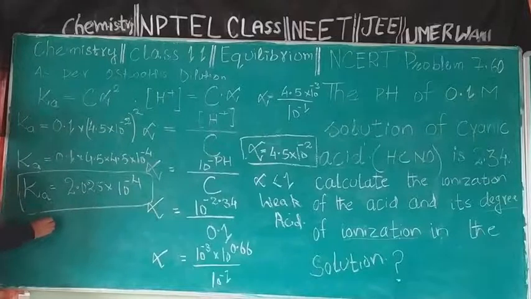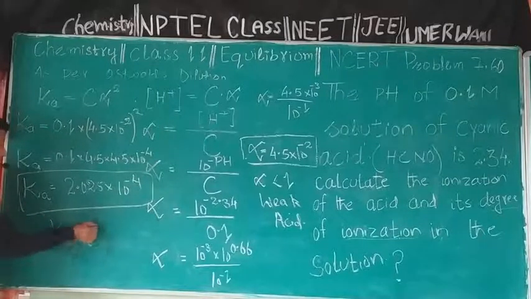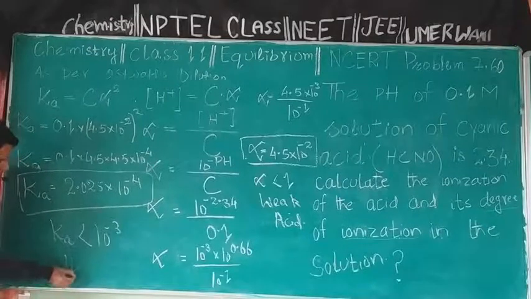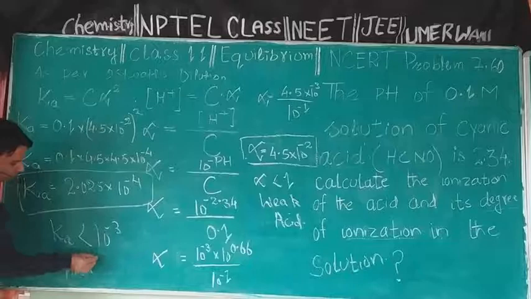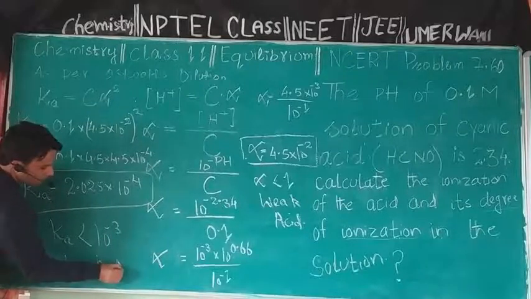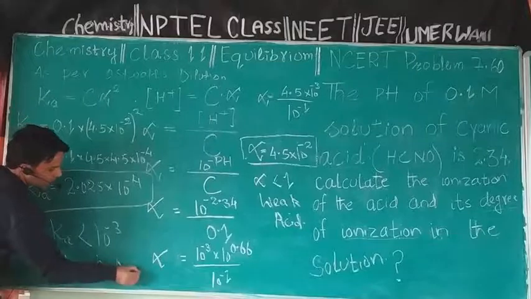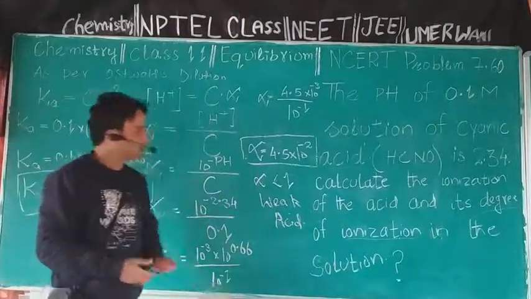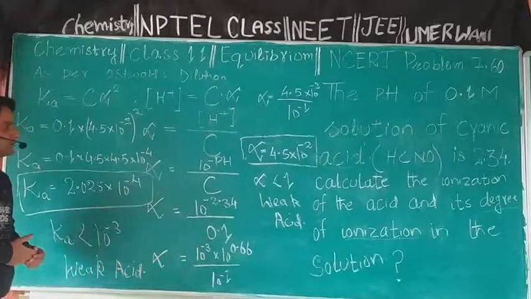Again here its Ka value is less than 10 raised to the power minus 3. Therefore, it again confirms that it is a weak electrolyte, or more specifically I can say it is a weak acid. In this way I am able to solve this problem.